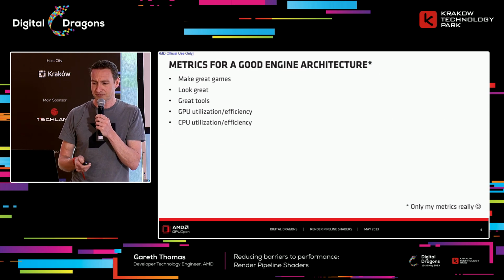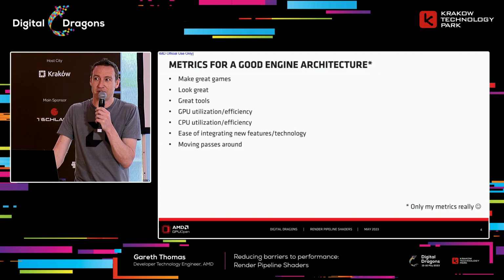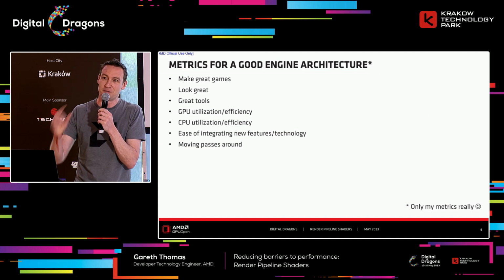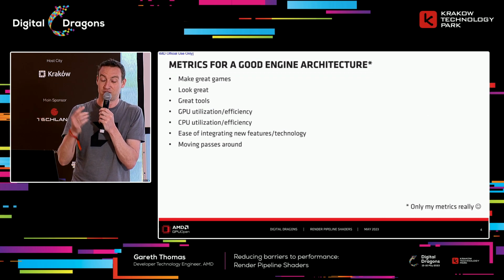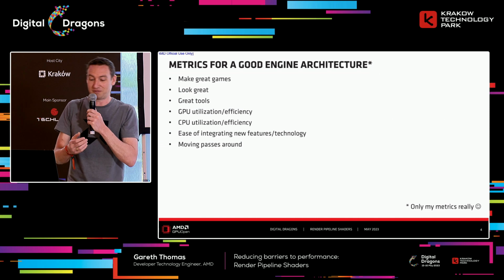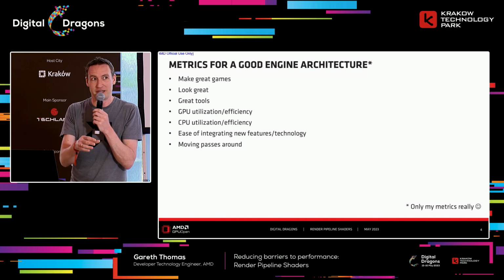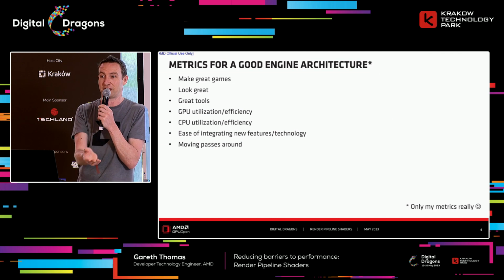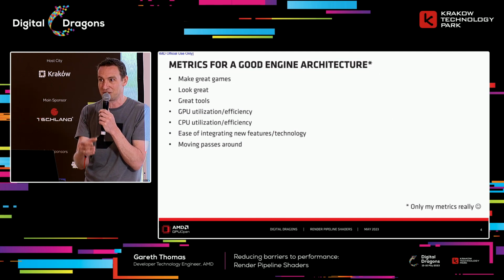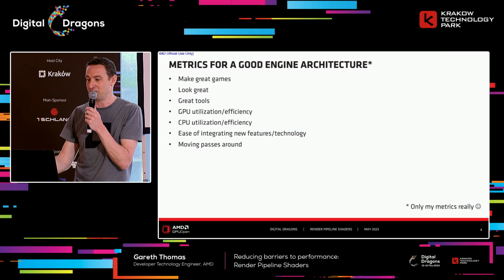And then there's another aspect of your game engine architecture: how easy is it to add a feature to your engine? We've been a little bit in the trenches with this recently, helping game developers add things like FidelityFX Super Resolution 2, the upscaling tech, to game engines.